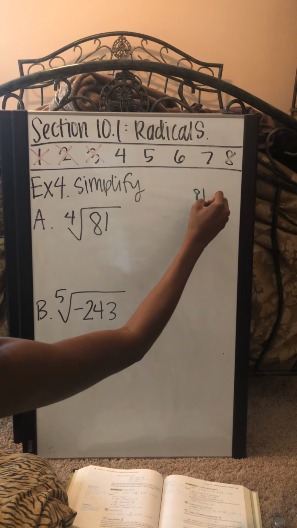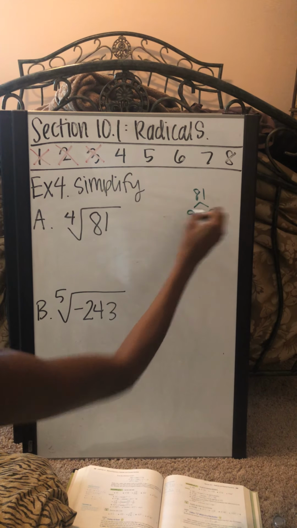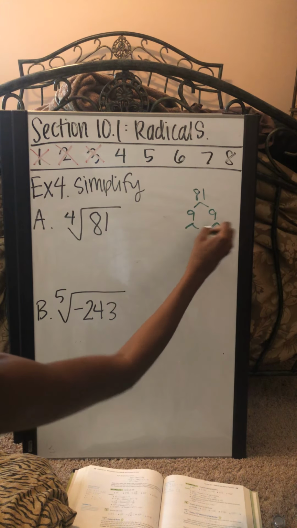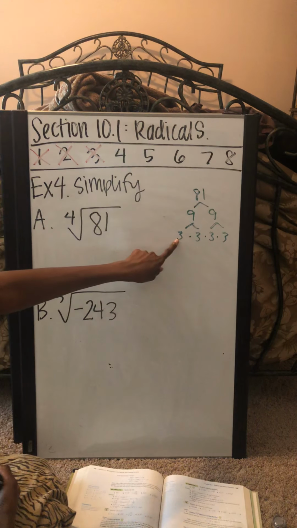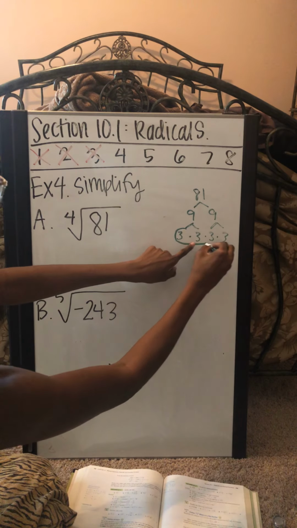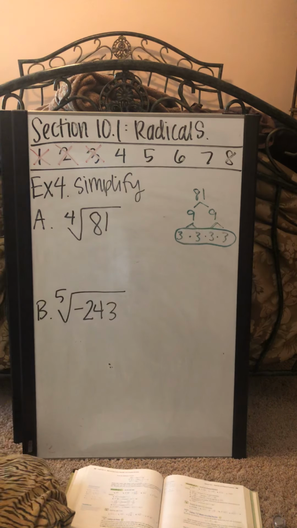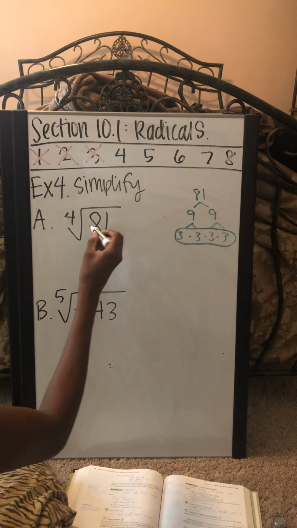So 81 is the same thing as 9 times 9, right? And 9 can break into 3 times 3. So 81 is the same thing as 3 times 3 times 3 times 3, right? And we take them out in groups of 4 this time. So here, the answer is just going to be 3, okay?